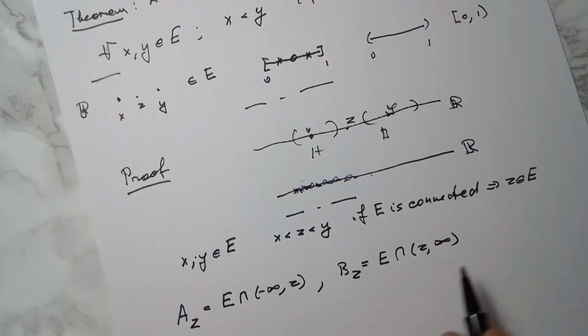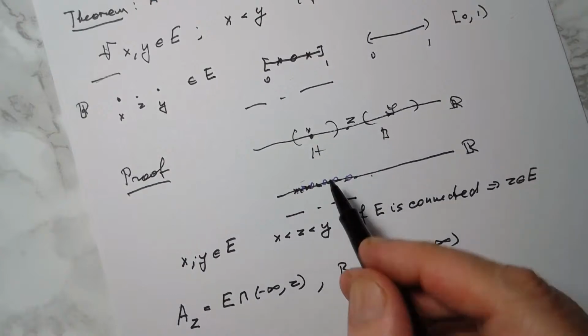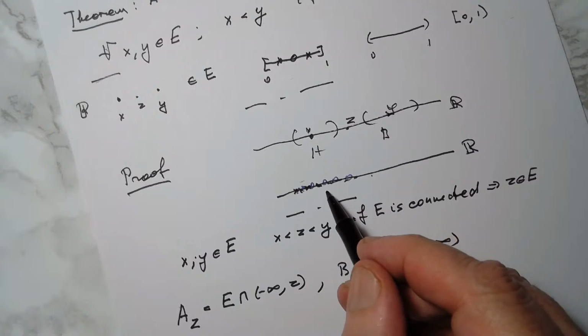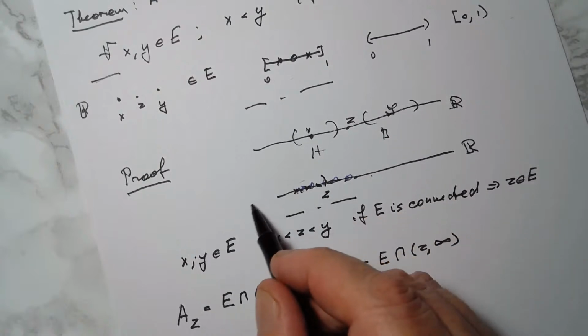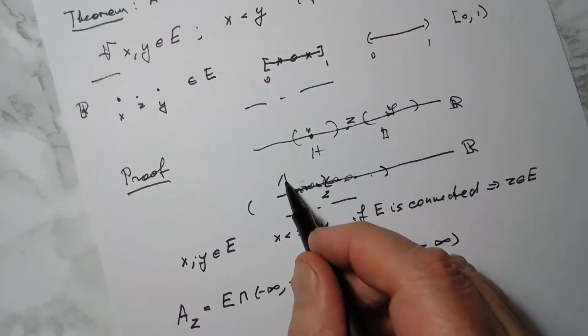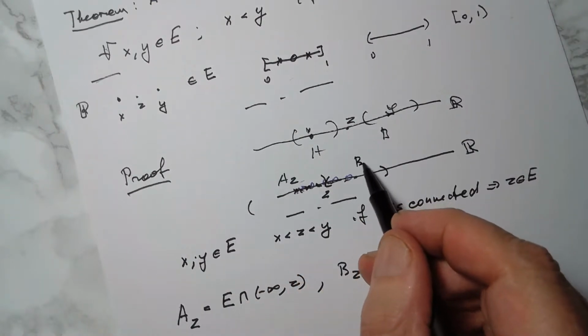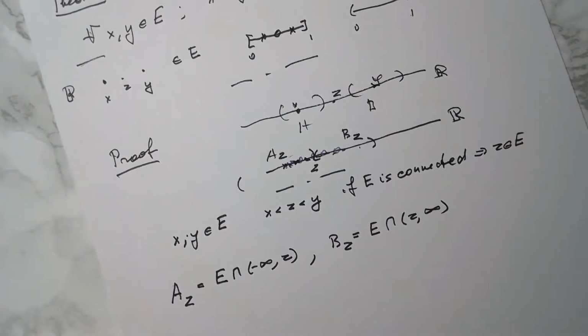So whatever my set E is, it could be very weird. What I'm going to do is take a point z in this set, or not in this set, and take these two sets up to z, being the set A sub z and B sub z, and these are the definitions of my sets A sub z and B sub z.